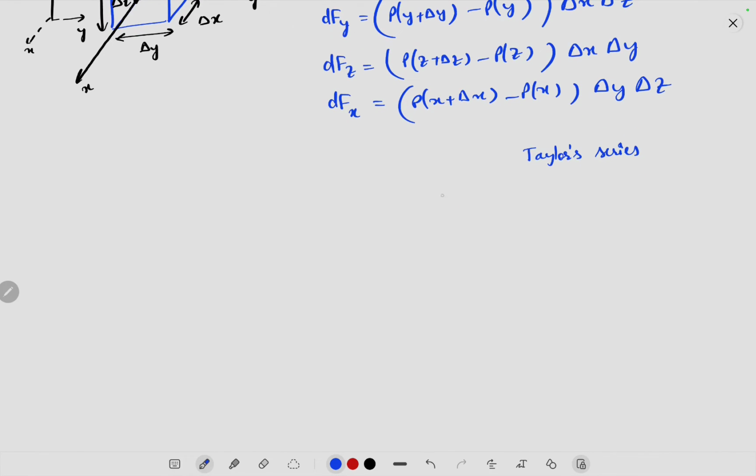What Taylor's series tells me is that a function f of x plus delta x, if delta x approaches 0, can be written in terms of the partial derivatives of f of x, that is f of x plus del f upon del x into delta x plus half del square f upon del x square into delta x whole square plus so on.